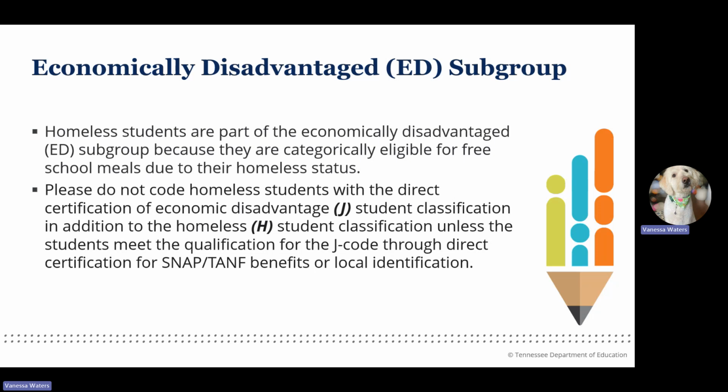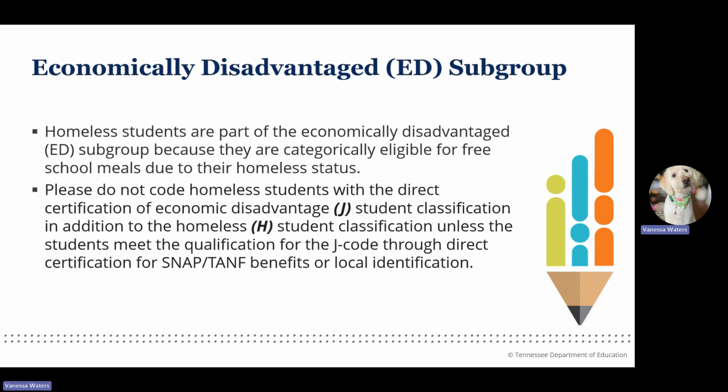As I mentioned earlier, due to updated guidance from ED, please do not code homeless students with the direct cert of economic disadvantage J student classification in addition to homeless student classification, unless the student meets the qualification for the J code through direct certification for SNAP, TANF benefits, or local identification.